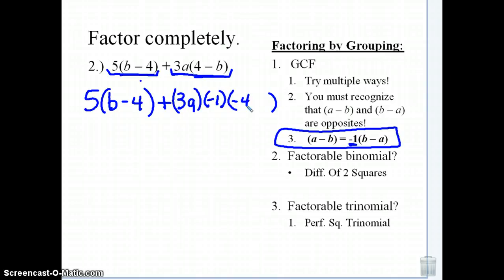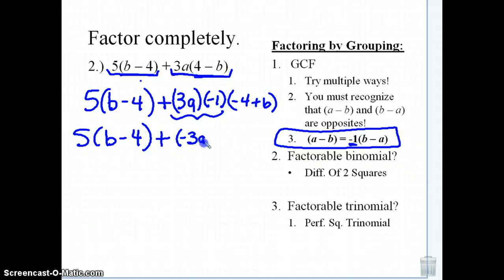Minus b becomes plus b. That looks better, doesn't it? Now we keep going. I'm going to recopy again, 5 times the quantity b minus 4, plus, I'm going to do my multiplication, -3a, and now I'm going to use the commutative property to move them around.